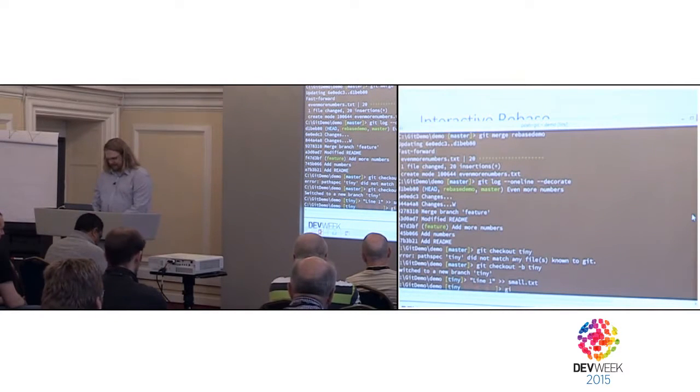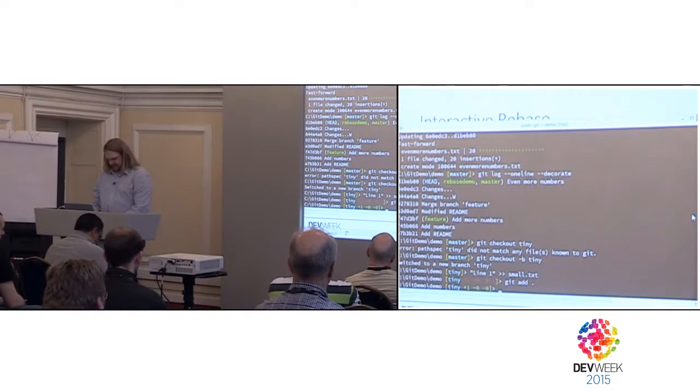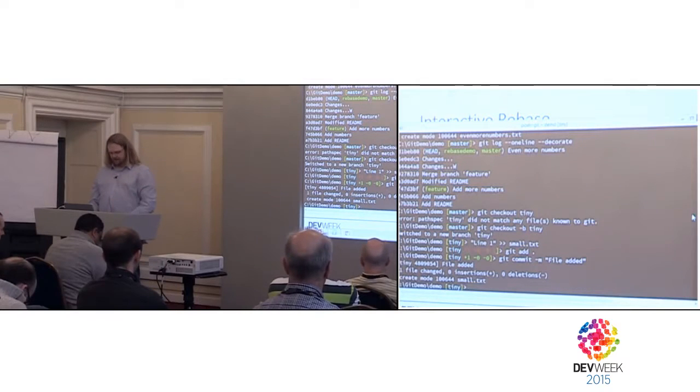Okay, so git add small.txt, text file added. Doing it the wrong way. There we go. So git commit, file added. All right. So I've got a commit there that simply adds that file.